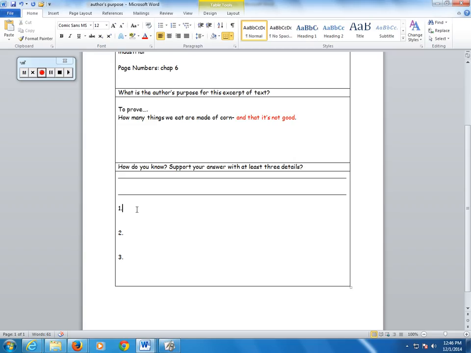So, for instance, he talks about how cereal is made mostly of corn, and the corn that cereal is made out of doesn't benefit the farmer who grows the corn, pretty much. I think he said 4 cents out of every dollar actually goes back to the farmer. So that's not good. So that could be your first detail.